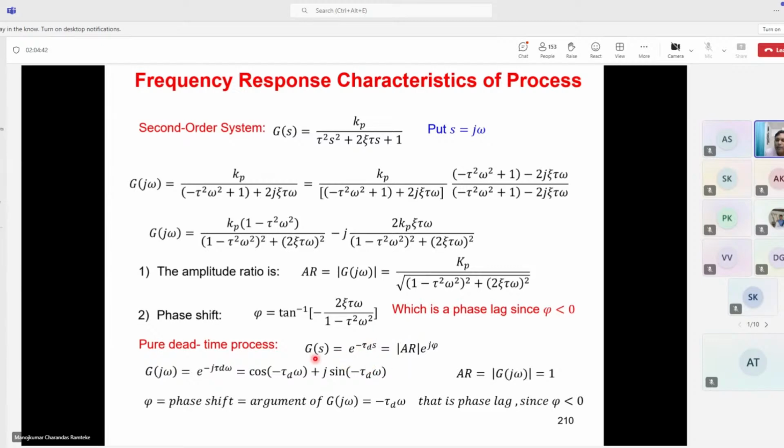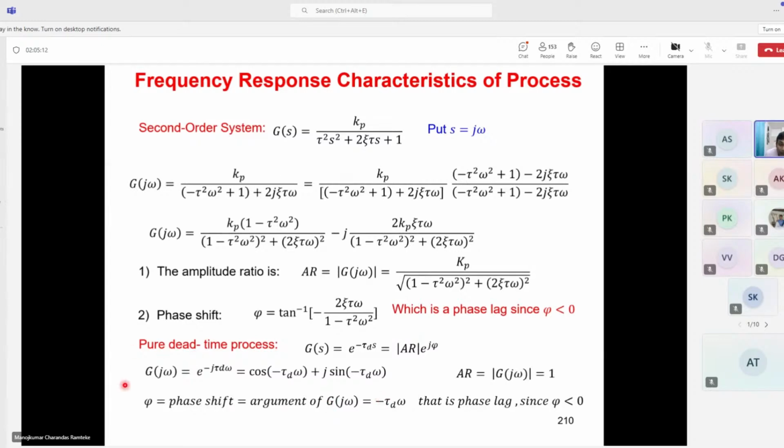When I am having G of s as a complex function, I can represent it in terms of the amplitude ratio times e raised to the power j phi, where you can see that the amplitude ratio directly comes out to be 1 and the phase angle phi will come out as minus TD omega, because this s will be replaced by j omega, isn't it? So minus TD omega will be the phase angle.